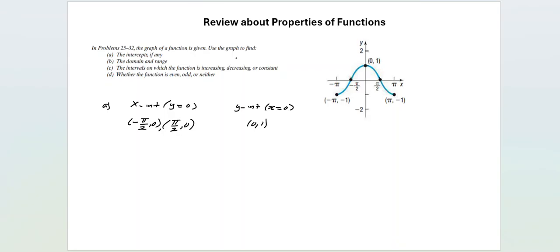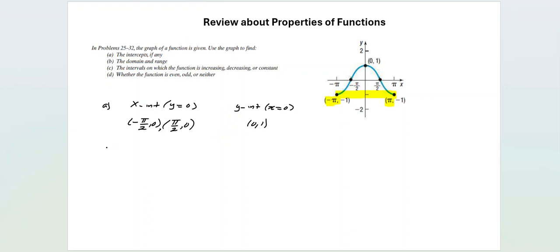And if it's an arrowhead, that means the graph continues to infinity. Well, to analyze the domain, then I will go horizontally from the lowest x value to the highest x value. And obviously, we have the domain here from negative pi to pi, right?